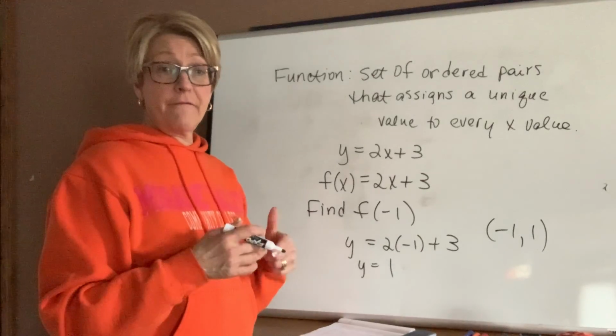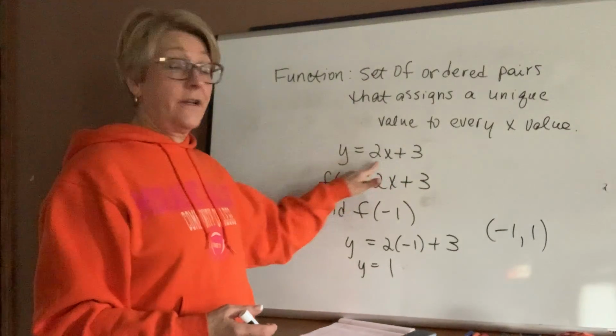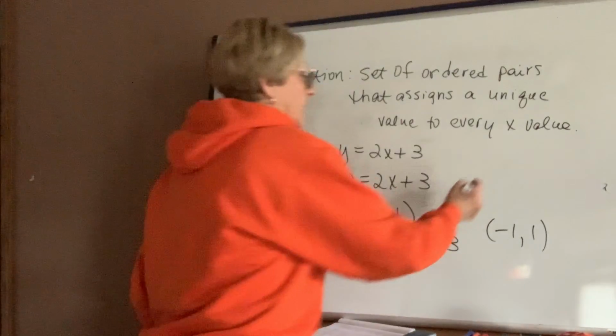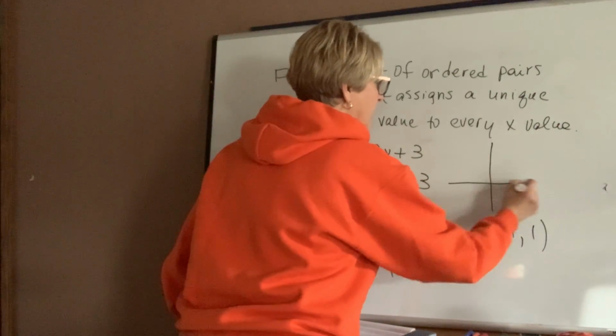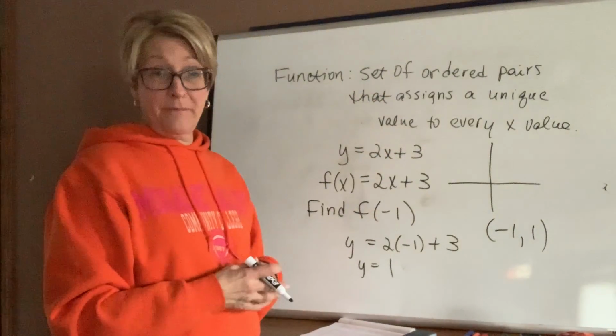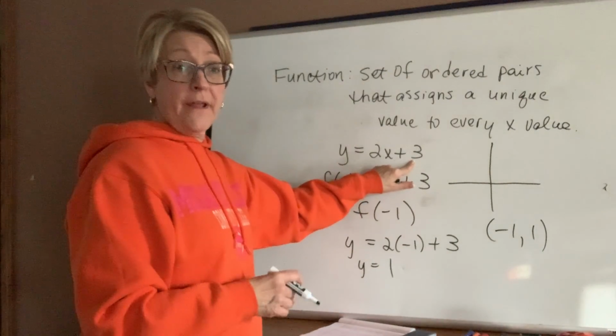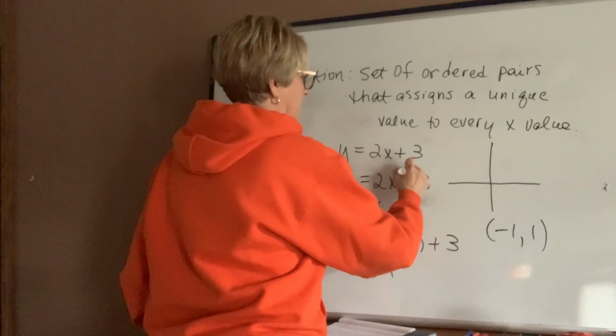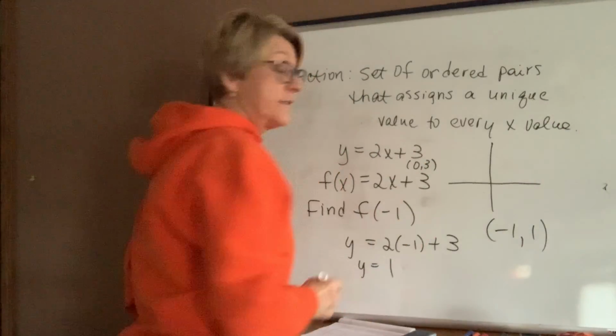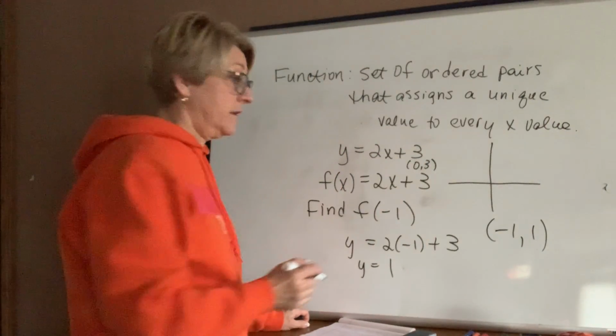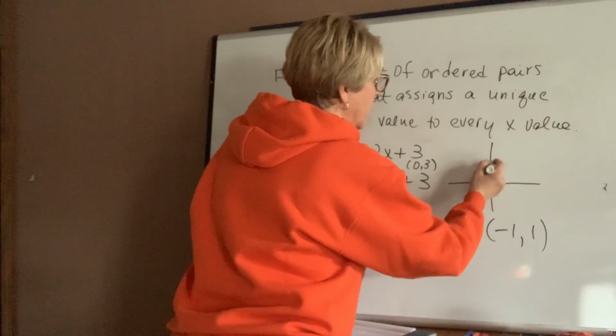Remember, we can graph it from slope-intercept form. So my graphs aren't that great, but they're approximate pictures, right? So we're going to start at what? 0. Remember that 3 is our y-intercept. That's B. So we're going to graph (0, 3).